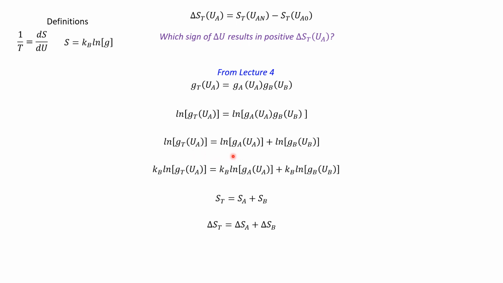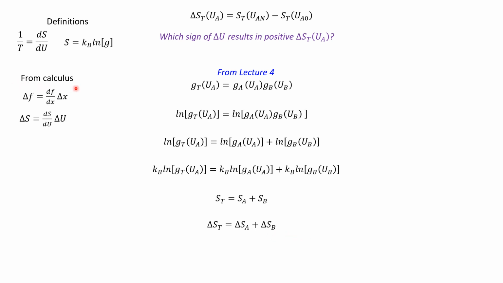Now we multiply both sides by Boltzmann's constant, and it follows directly from the definition of entropy that the entropy of the total system is equal to the entropy of system A plus system B. And from this equality, it follows directly that a variation of the entropy of the total system is given by the sum of the variations of the entropy of system A and system B.